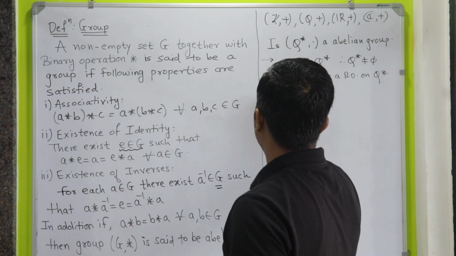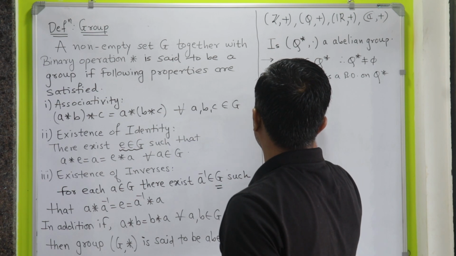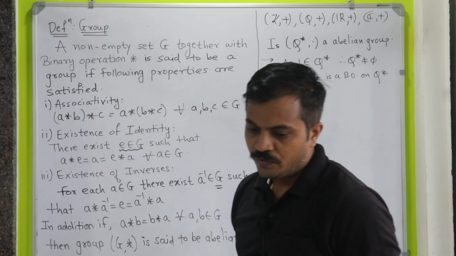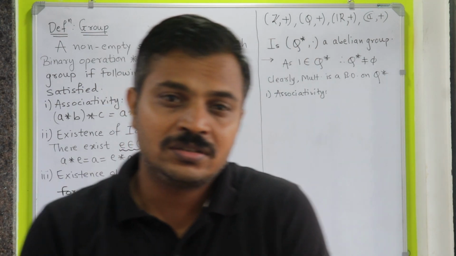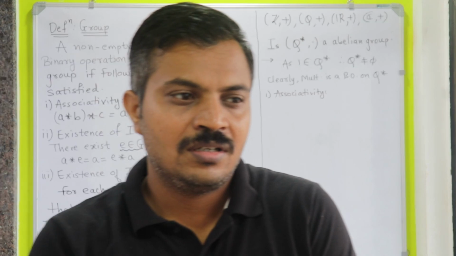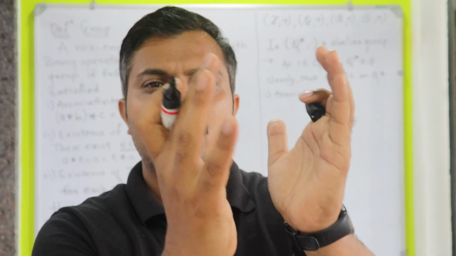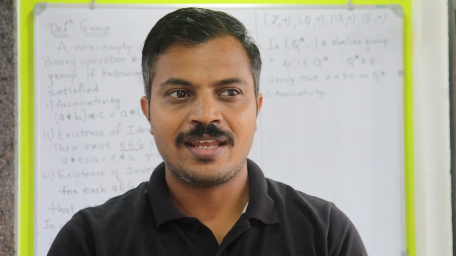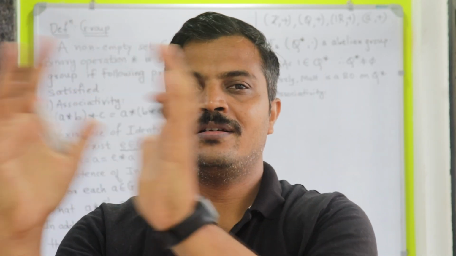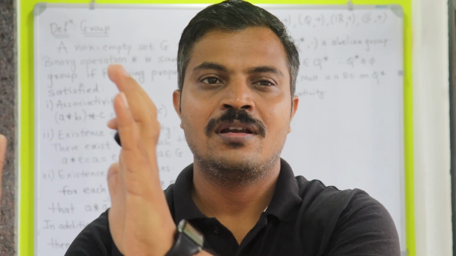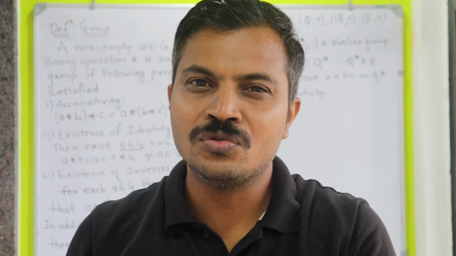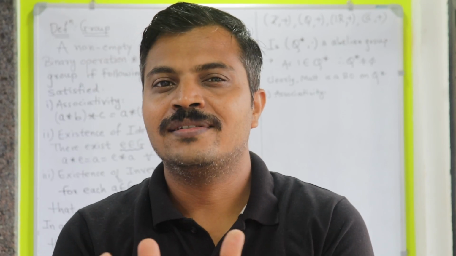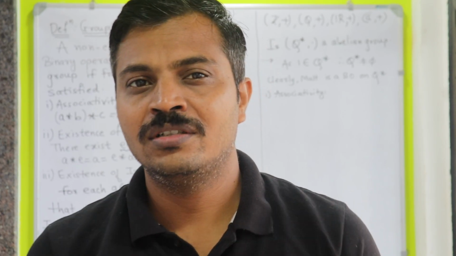Now the first property is associativity. So if you take three rational numbers and if you multiply the first two rational numbers first and do the calculation, now next time you multiply the last two rational numbers on the other side and again you simplify, you will observe that we are getting the same answers. No issue there as well.